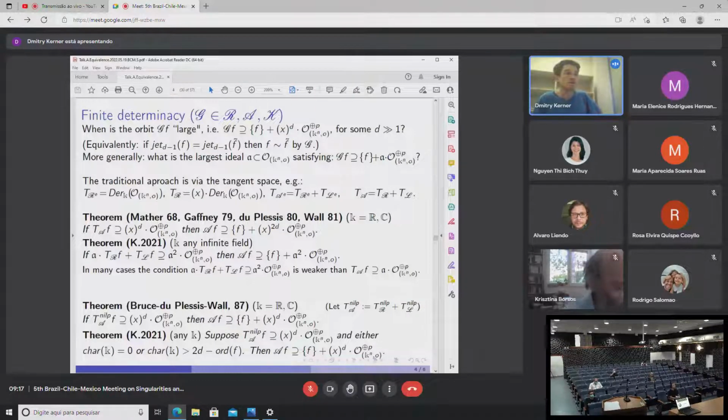Then the orbit contains exactly the same piece. So this extends this classical result, and more or less it is the best that I could do. The assumption on the characteristic is important. Without this assumption, there are counterexamples.